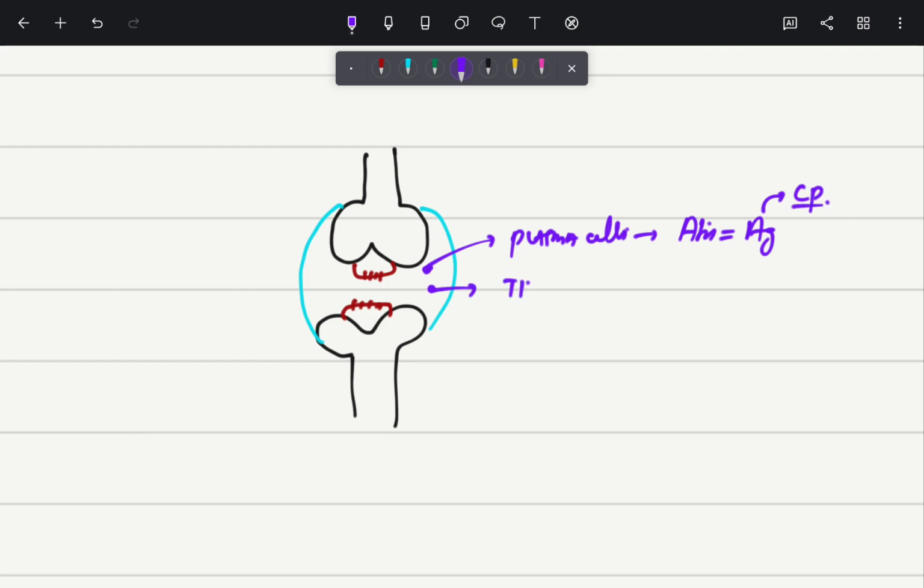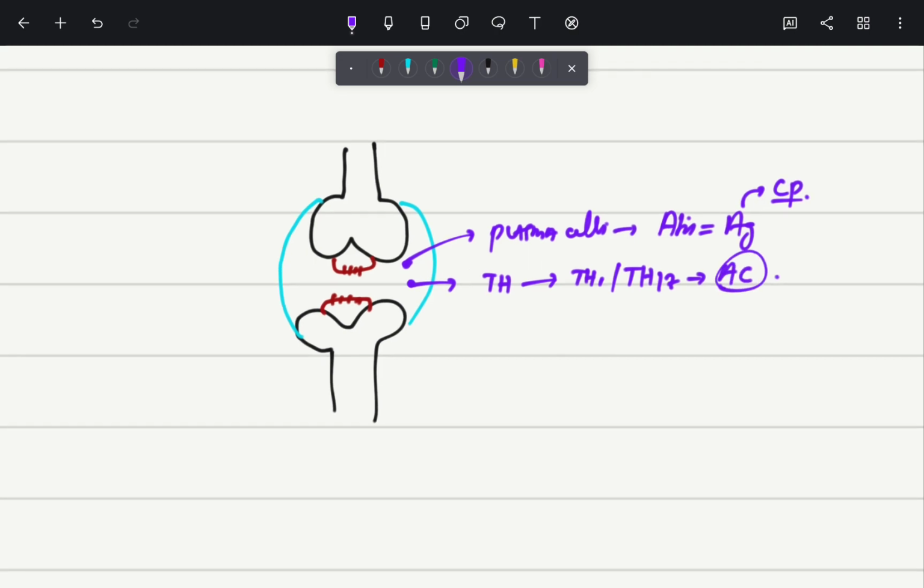And not only that, we have T helper cells such as T helper 1 and T helper 17, which were destroying the articular cartilage. And not only that, in the synovium we have the most important one, which is rheumatoid factor, which is IgM or IgA antibody against the Fc portion of IgG antibody. So that was about the pathogenesis of rheumatoid arthritis. Thank you guys.